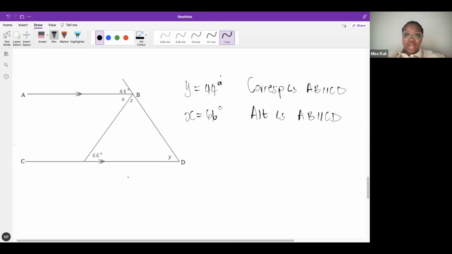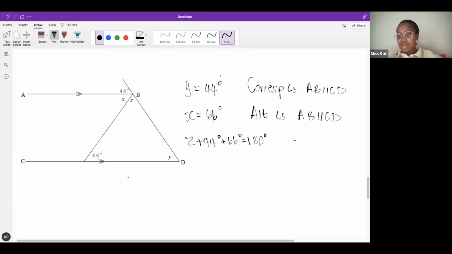Angles on a straight line or angles in a triangle, guys. You can do it both ways, okay? So you can say Z plus 44 plus 66 equals 180. There are two reasons for this, okay?